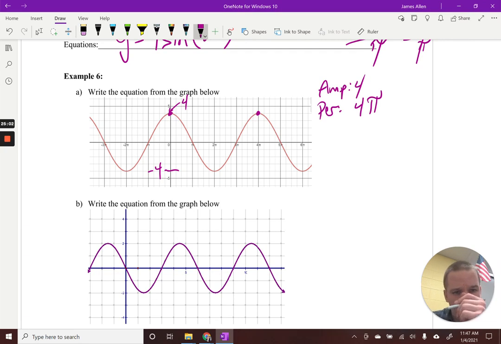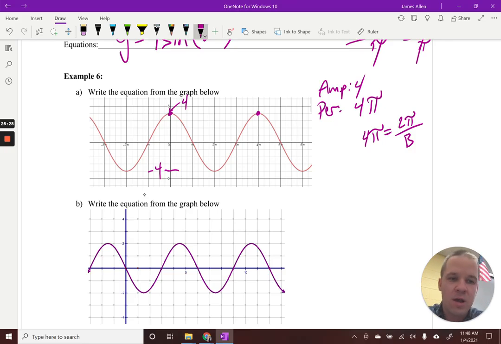Okay, cool. So I've got my period, I've got my amplitude. It's starting on that y-axis, so there is no phase shift. We haven't really dealt with that yet in this particular class. I think we got all the information we need, except I do need to find my period multiplier, just like we did in the previous problem. So I'd have 4 pi is equal to 2 pi over, and it would be either omega or, you know what, I'm going to use b this time just because I'm crazy like that.